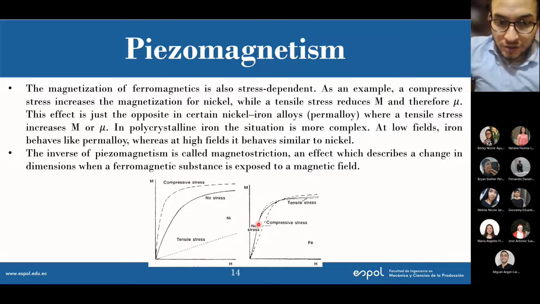So no stress is here, the solid line. Compressive stress actually reduces the magnetization, and tensile stress increases it. So you can see the different behavior between nickel and iron. But look at this, the stress does have an effect on the magnetization. Okay?